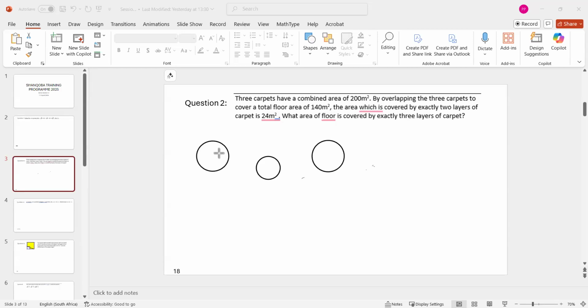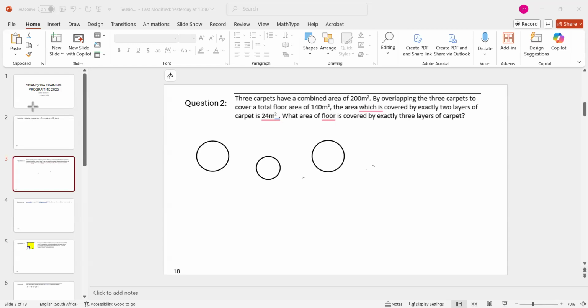And the combined area, when you add the areas of those 3 carpets, you get 200 square meters. All right. Now they say by overlapping these 3 carpets, so the 3 carpets overlap. You put one on top of the other.